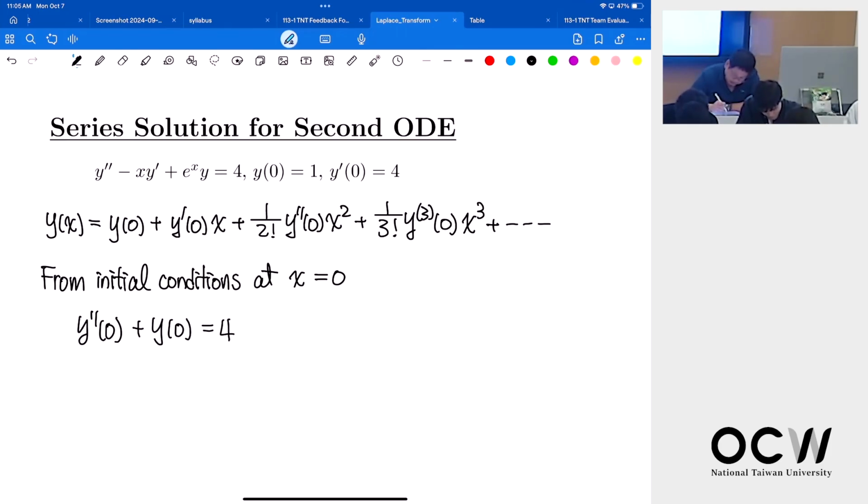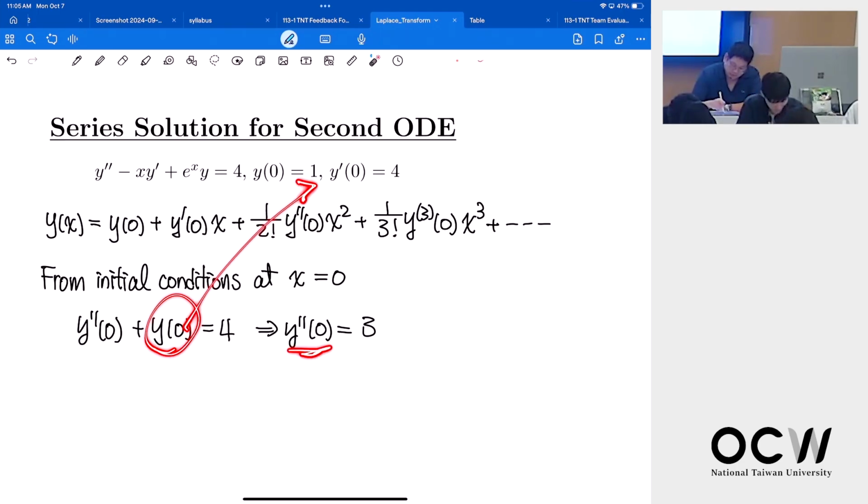Then you get y double prime of 0, that should be 3, because y of 0 is 1. So y double prime of 0 is 3.